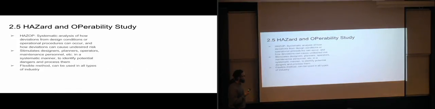It's a very flexible method, and it can be used in all types of industry. This is not just something used in the oil and gas industry offshore. It is also used onshore, and in whatever other industries you can think of, basically. Wherever there is real danger, where an undesired situation could cause harm or maybe even death to people nearby.